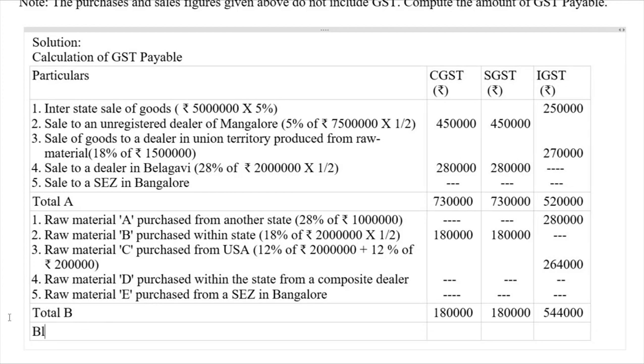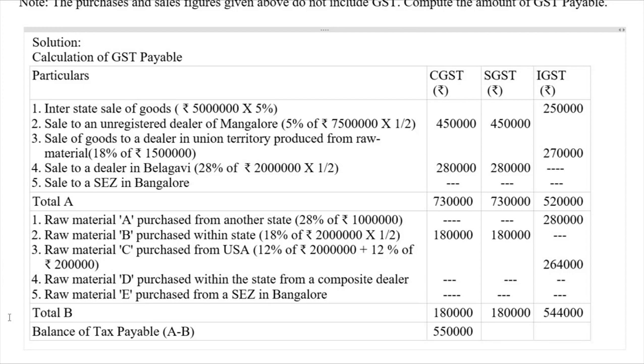Now we need to find the balance of tax payable, in the bracket A minus B. So A minus B means here 7,30,000 minus 1,80,000, which comes to rupees 5,50,000.